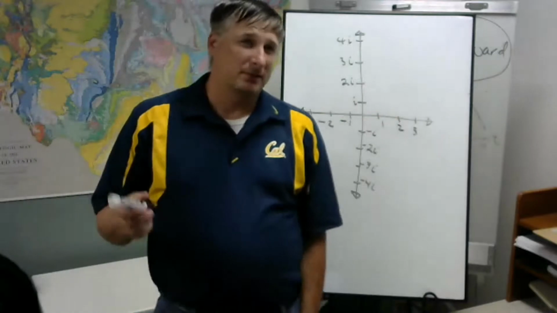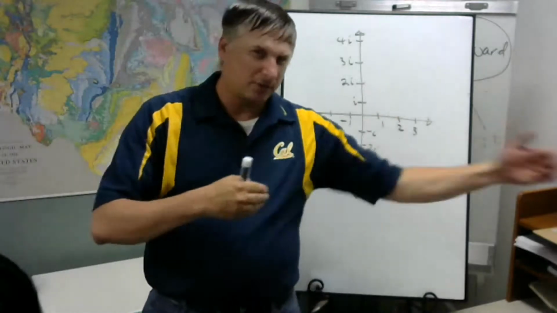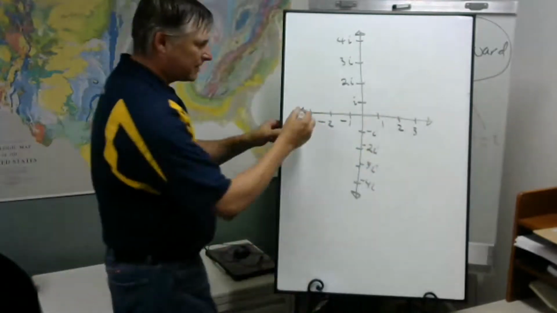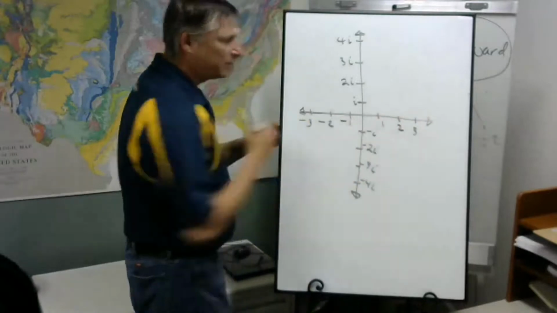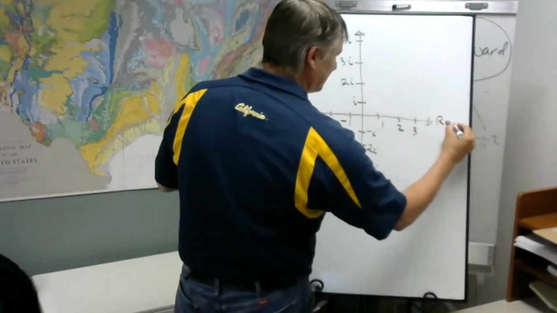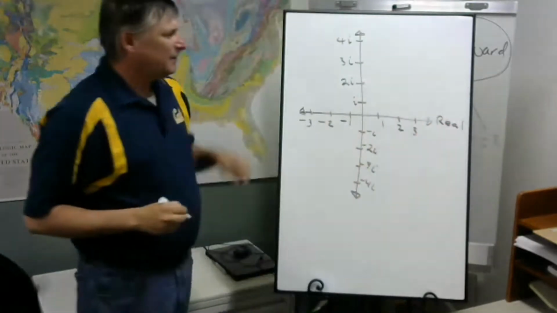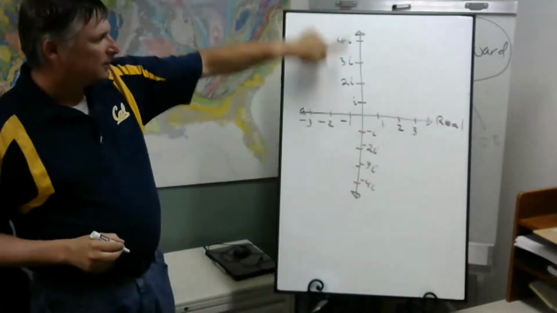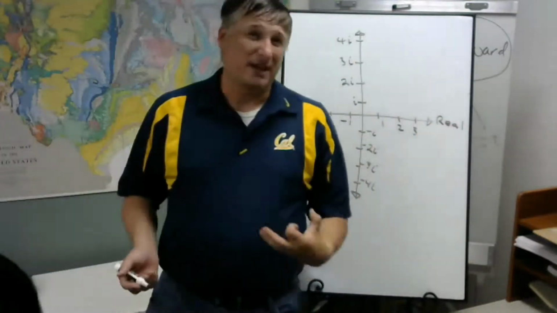So to graph a complex number, we don't graph it just on that real number line. This right here is our familiar real number line. So this is what we might call the real axis. And then this vertical one, we call the imaginary axis.